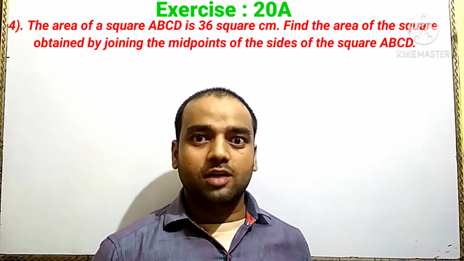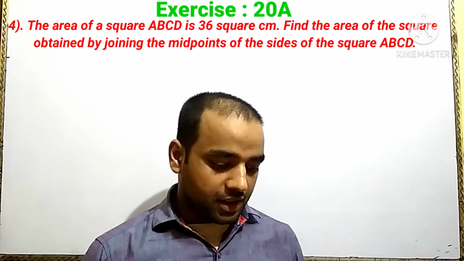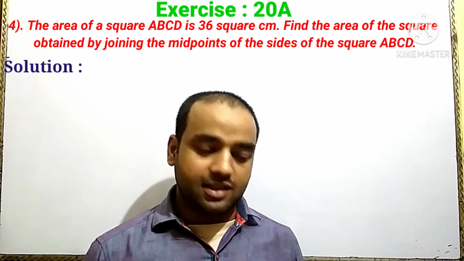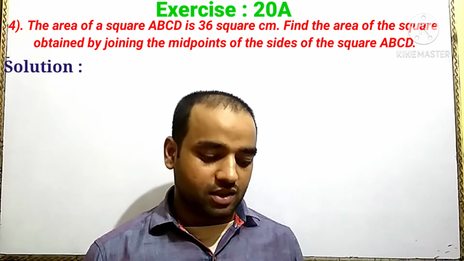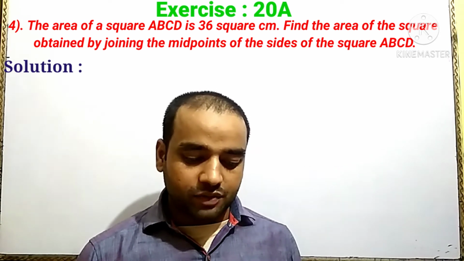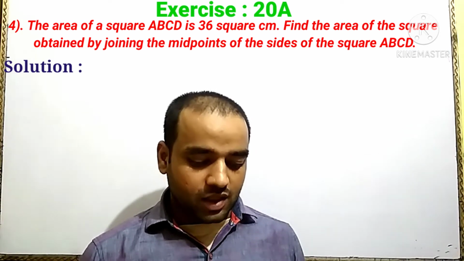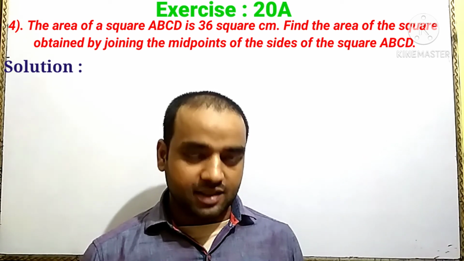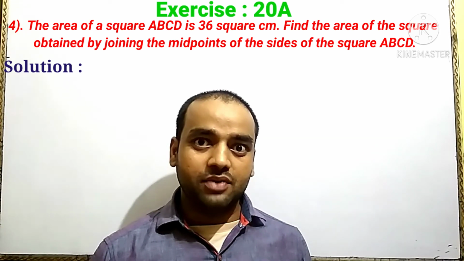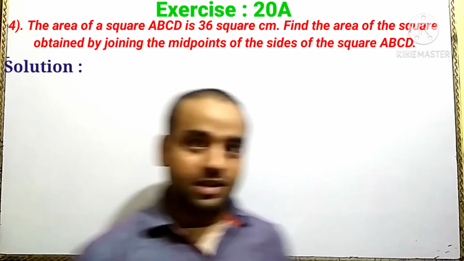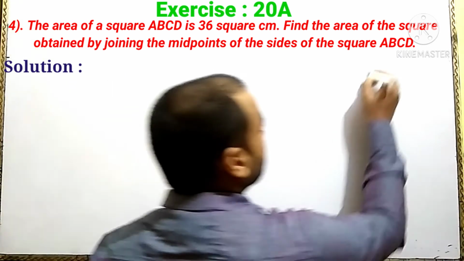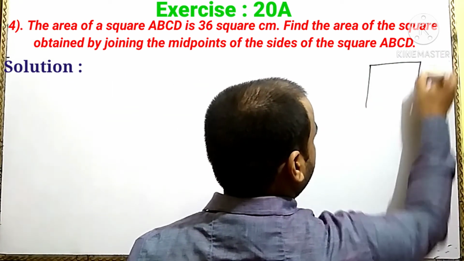In question number 4, the area of a square ABCD is 36 square centimeter. Find the area of a square obtained by joining the midpoints of the sides of the square ABCD. Here given figure, a square ABCD. So first of all draw a square ABCD.